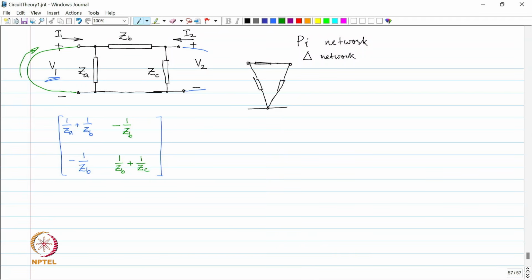Fine. So, effectively this is what it is. Alright, this is what the entire scheme of things is, right.